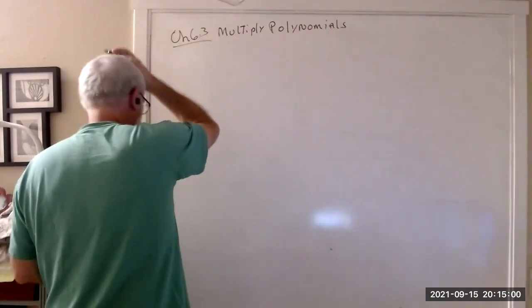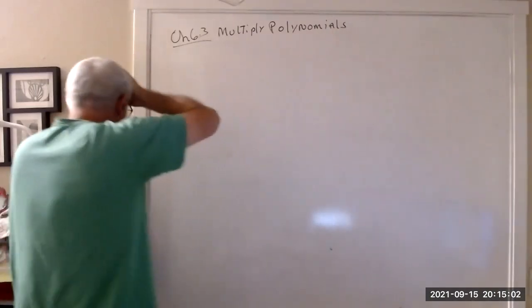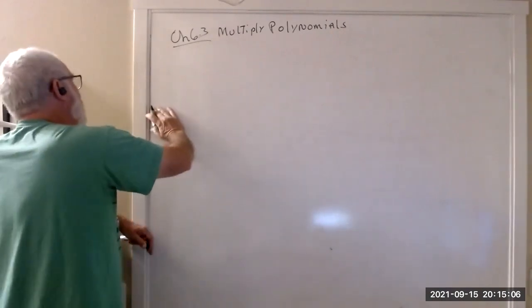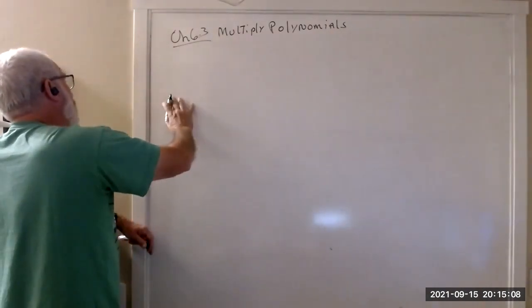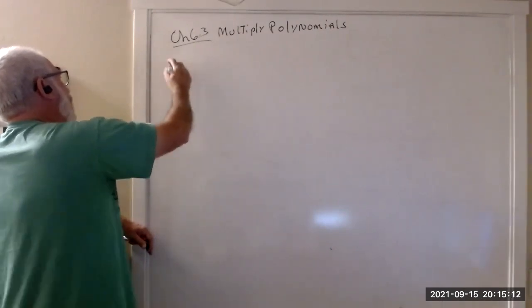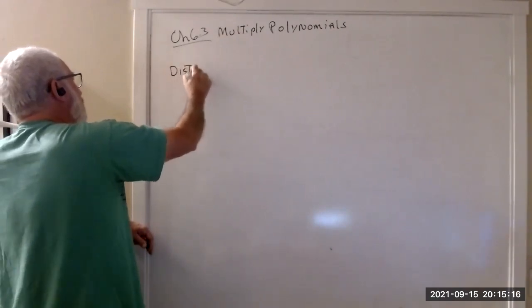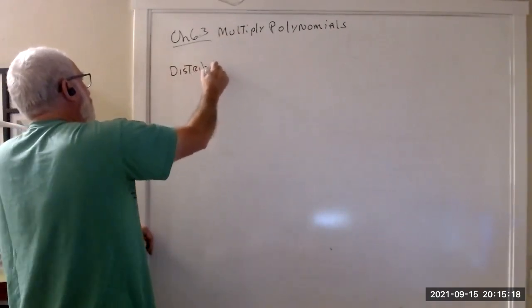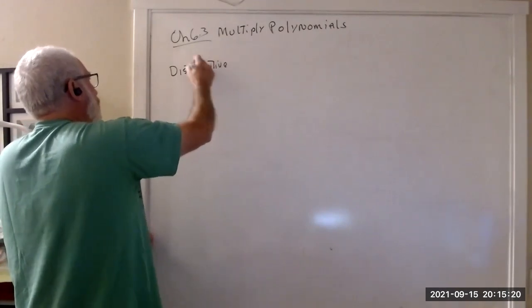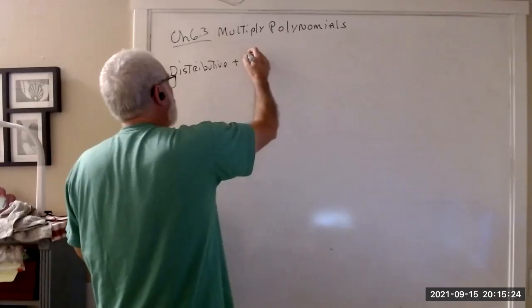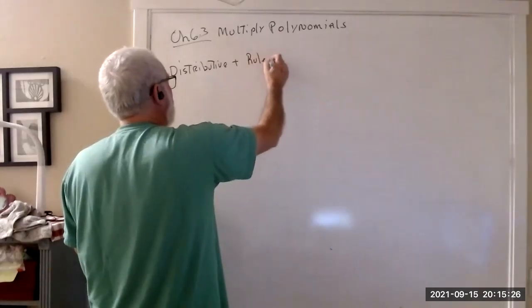And you know what? I'm just going to skip it. I'm going to tell you that it's a combination of the distributive property plus your rules of exponents.